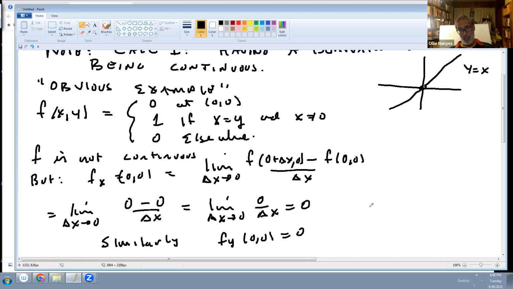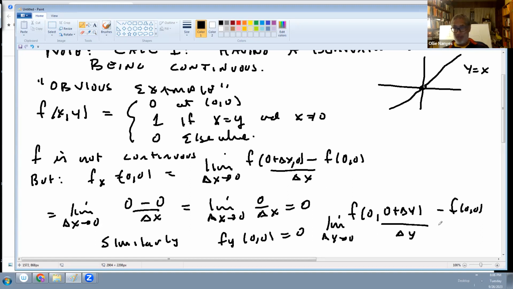The difference quotient here would be f of 0, 0 plus delta y minus f of 0, 0 over delta y, when of course we take a limit as delta y goes to 0, and we get 0 over delta y for exactly the same reason.